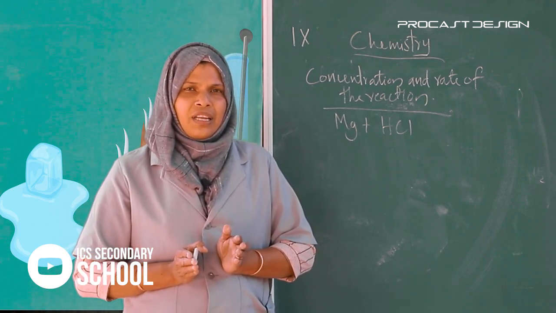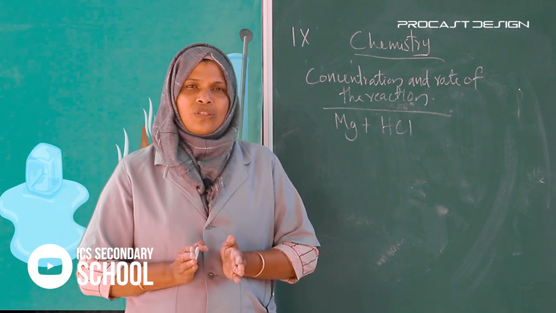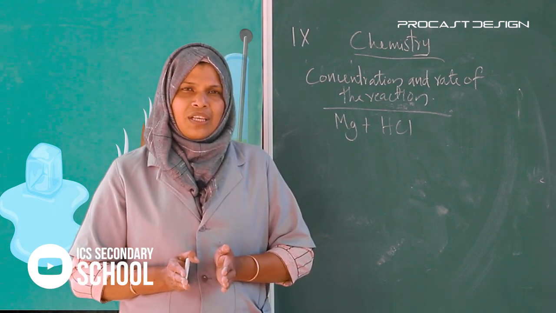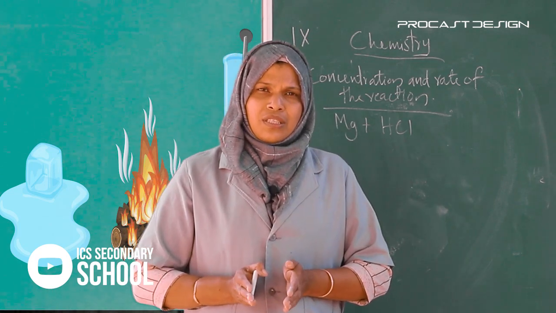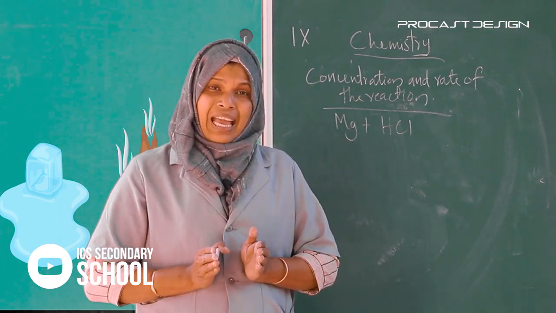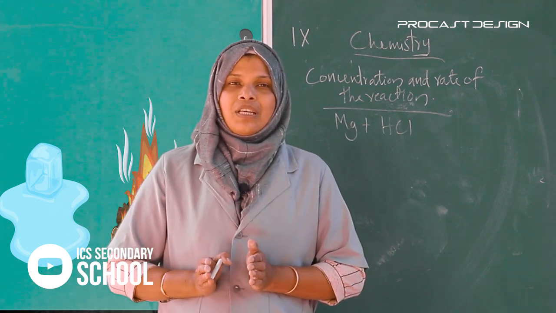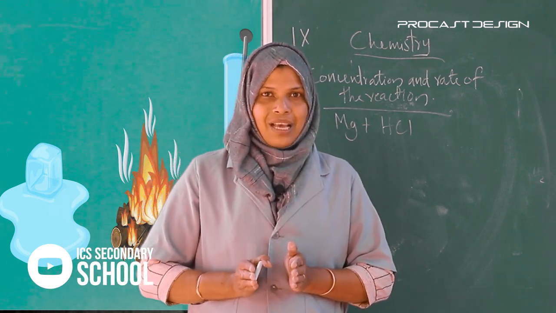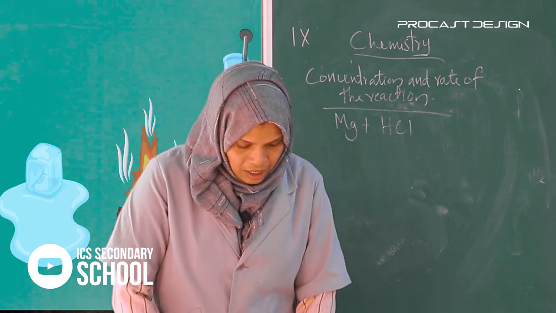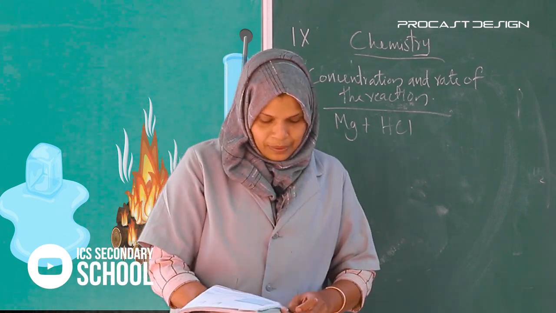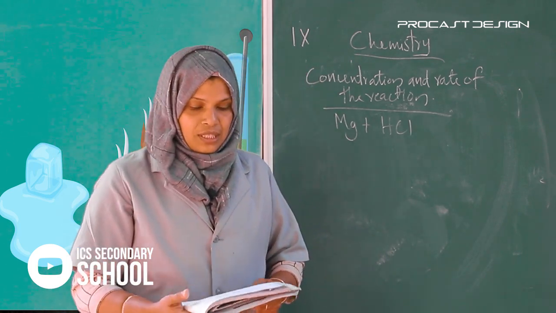Then add magnesium ribbon of the same size in the 2 test tubes. Care should be taken that the magnesium ribbon should be of the same size. Okay, look at the textbook, page number 56.